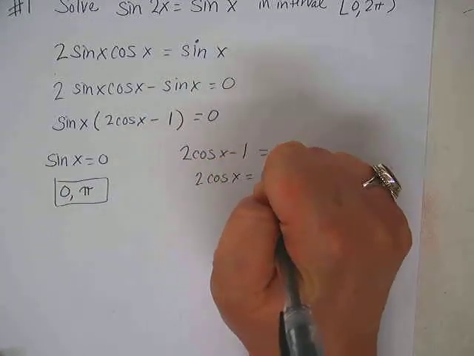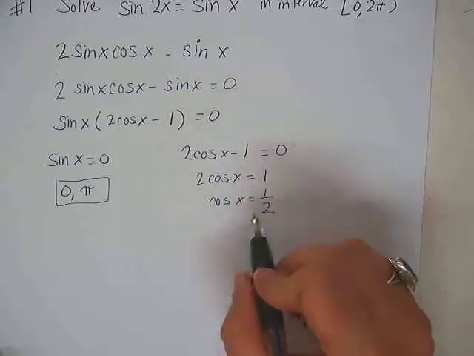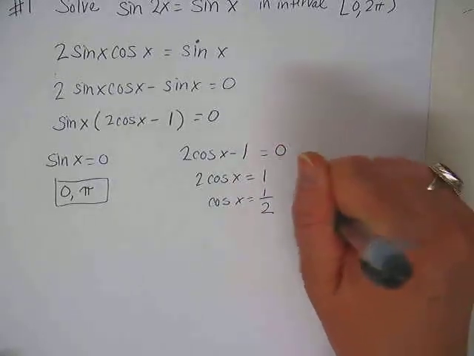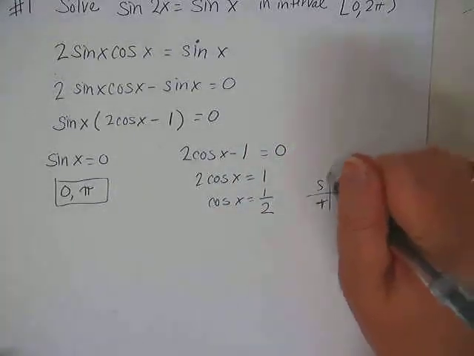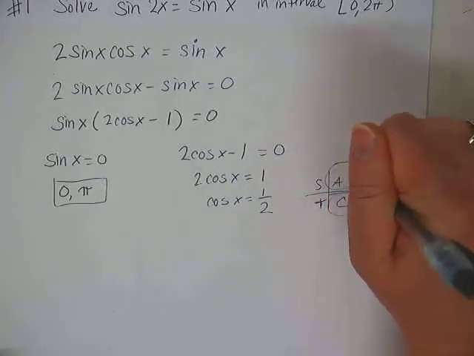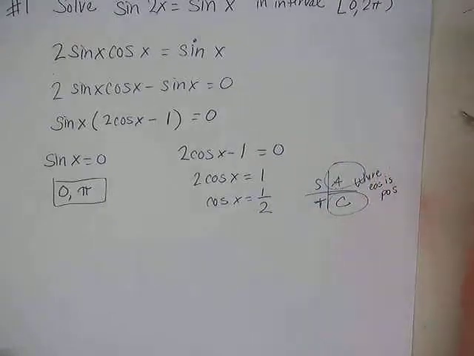Okay. Now, cosine, what do we do to solve that one? Okay, it's a positive 1/2. What quadrants? So quadrant 1 and 4.